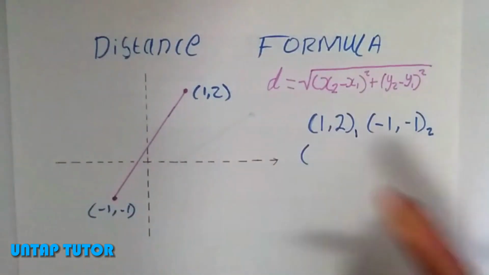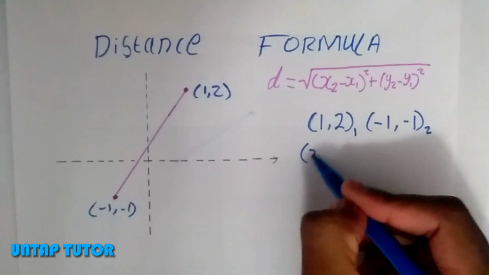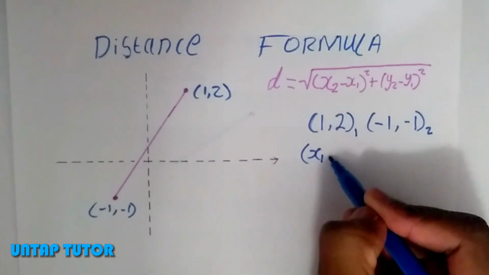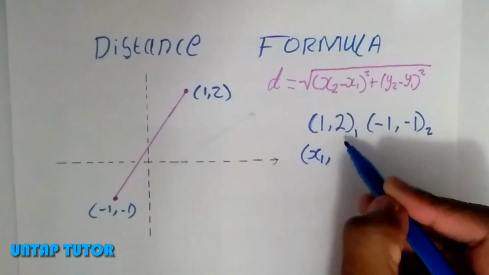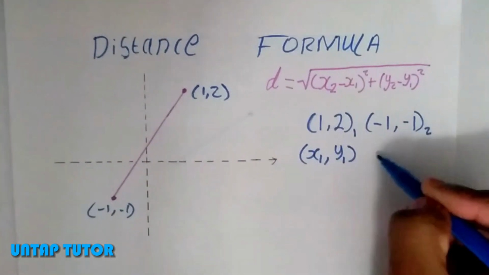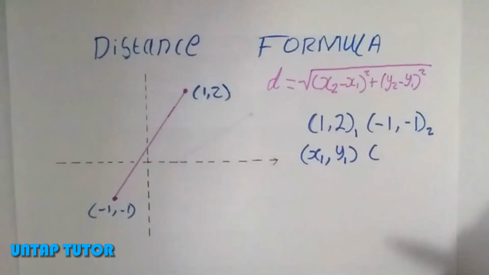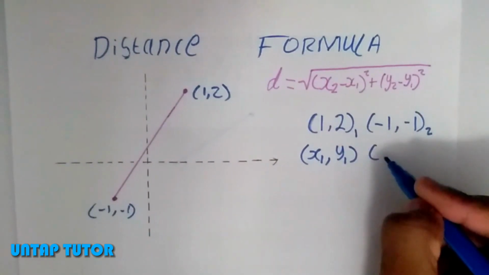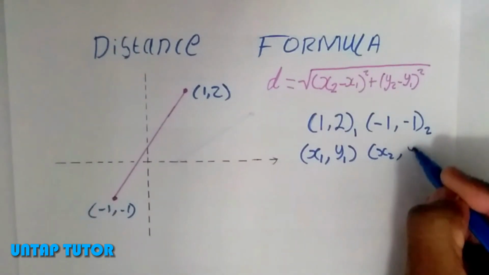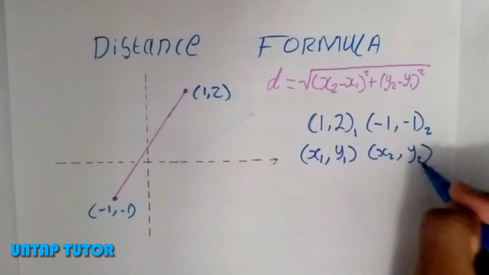This is x, but since this is our first point, it's going to be x1. This is our y, so it's going to be y1. Same goes for this point. This is our x, but since it's our second point, it's going to be x2. Same goes for y, it's y2.